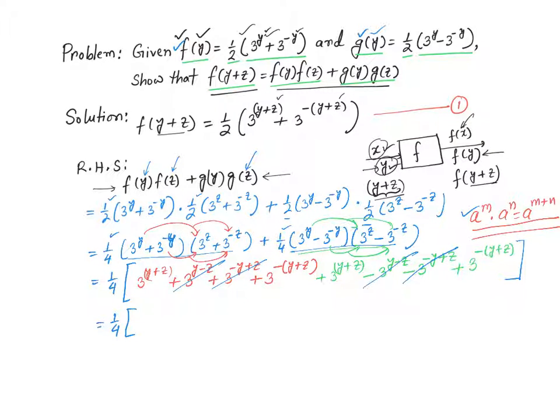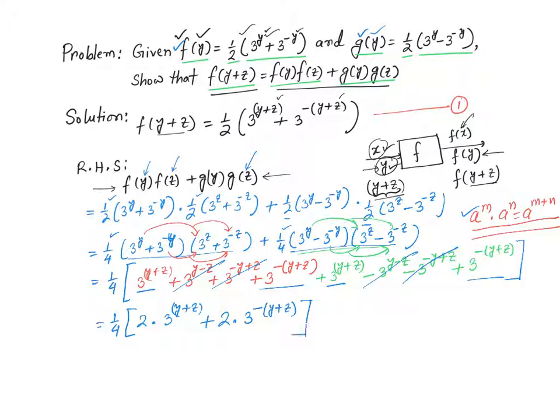And then we have 3 to the power y plus z plus 3 to the power y plus z. There are two of them, so it's 2 times 3 to the power y plus z. Then also 3 to the power negative y plus z plus 3 to the power negative y plus z. There are two of them, so it's 2 times 3 to the power negative y plus z.